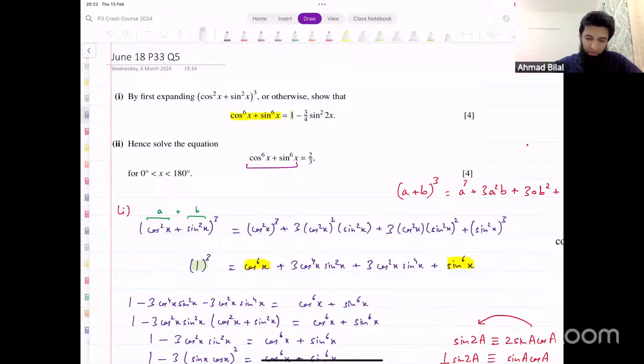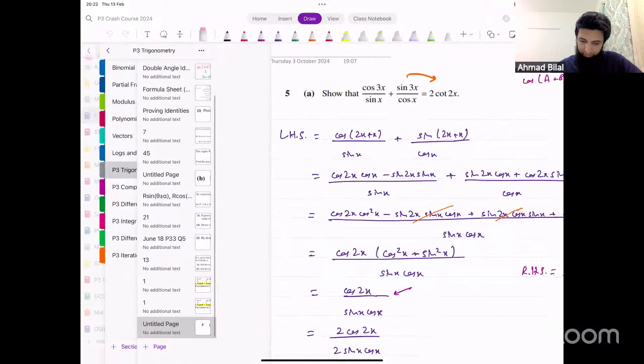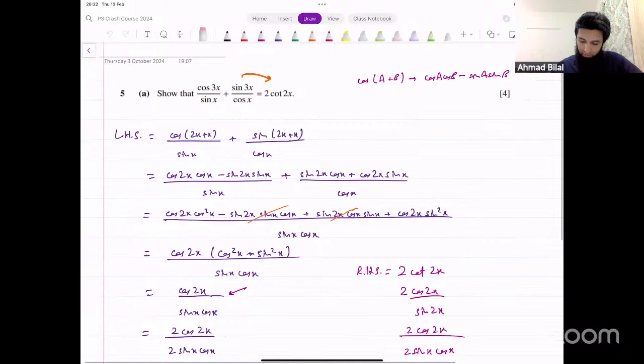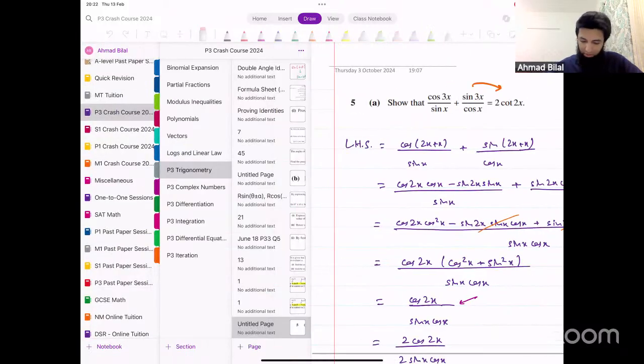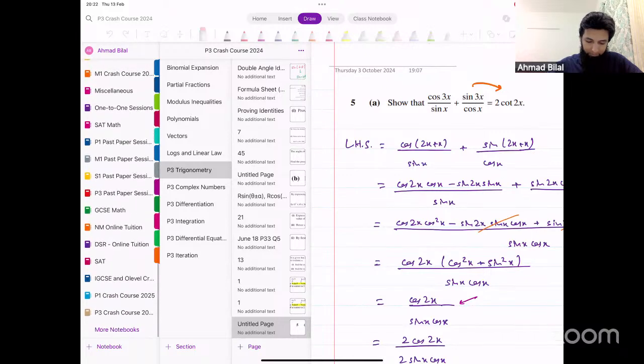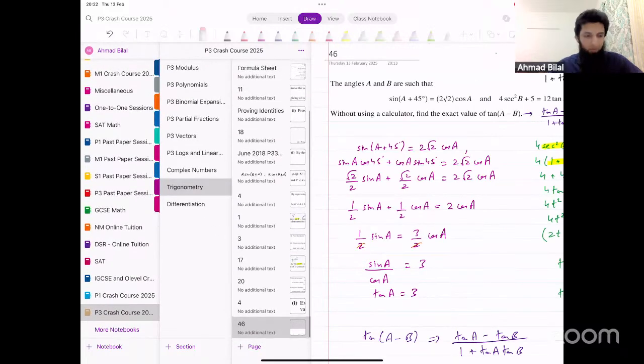Okay, this we've already done. This is not that complicated. Okay, I've actually seen some more difficult questions in some recent papers.